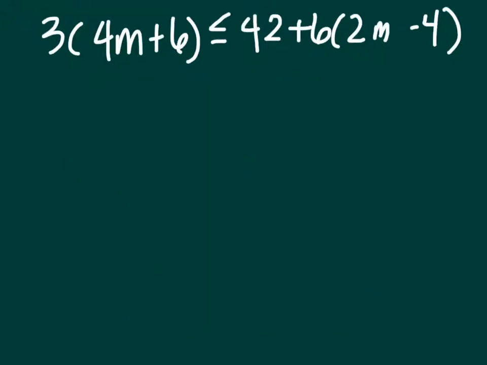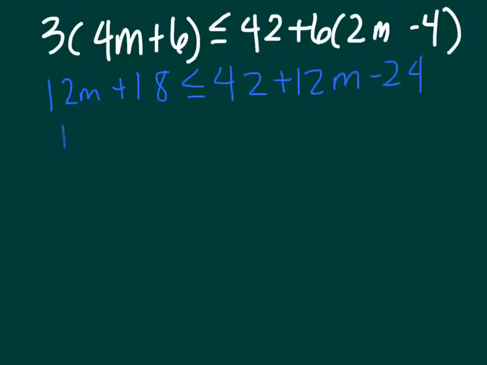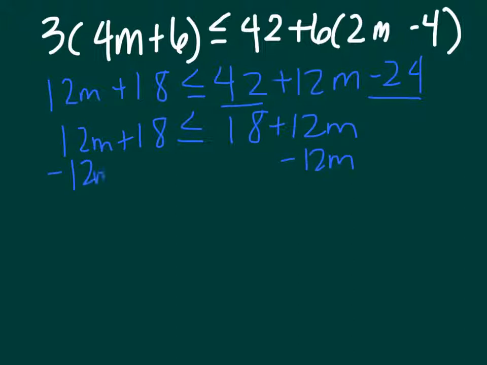And last example, again, I'm going to distribute. 12m plus 18 is less than or equal to 42 plus 12m minus 24. So 12m plus 18 is less than or equal to, I'm going to combine these like terms, so 42 minus 24 is 18, plus 12m, minus 12m, minus 12m. 18 is less than or equal to 18.